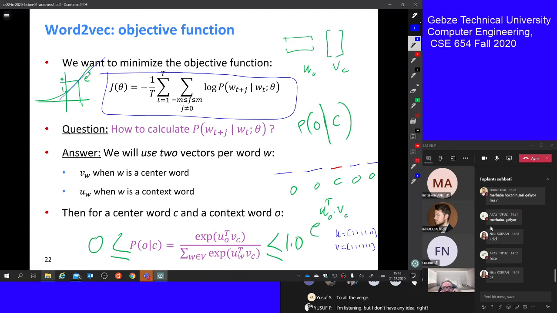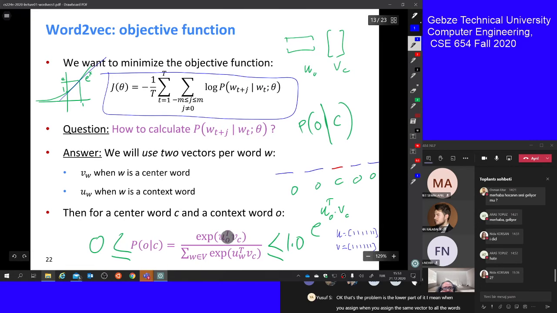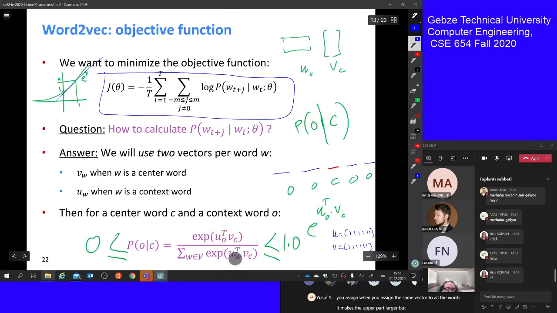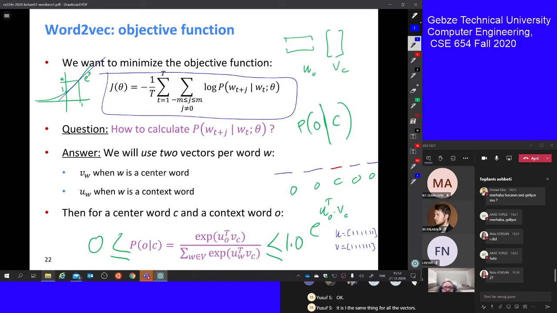Okay, the problem is the lower part of it. When you assign the same vector to all the words, it makes the upper part larger, but it also assigns the same thing for all the vectors, so the importance of the upper part becomes smaller. So you shouldn't do that.